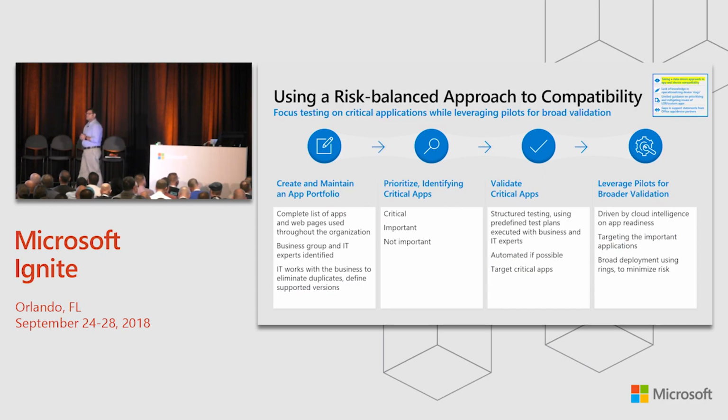You're familiar with the risk-based approach to compat. I think a lot of folks have already made that transition as they are moving to Windows 10. It's not possible to test every single app out there. And a lot of you are following this workflow-driven process already. Right?